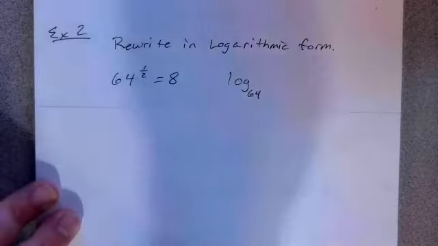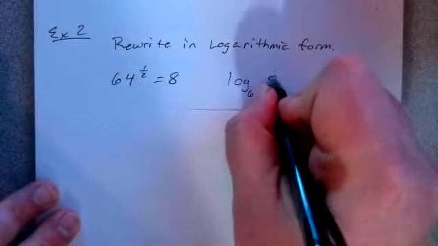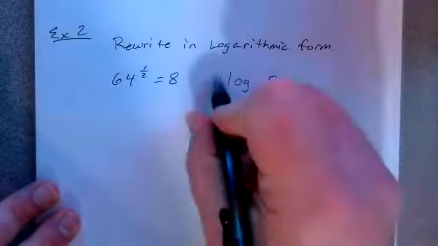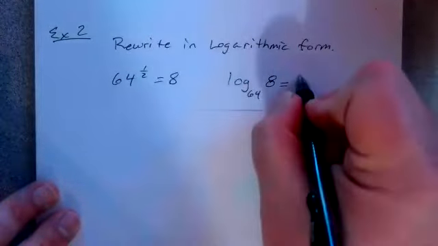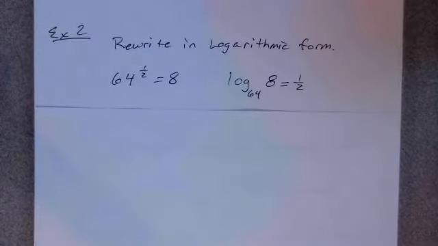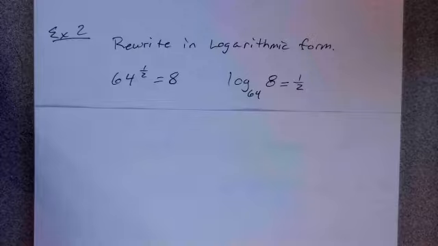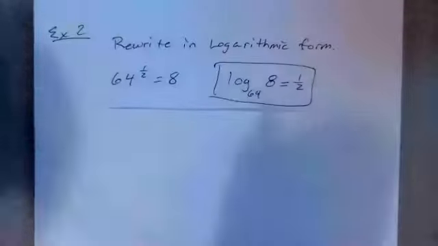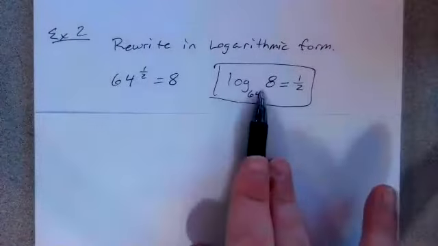So that 8 becomes the argument. It was the answer, now it's the argument. And that whole thing equals 1/2. Not bad. We went from exponential form to logarithmic form.